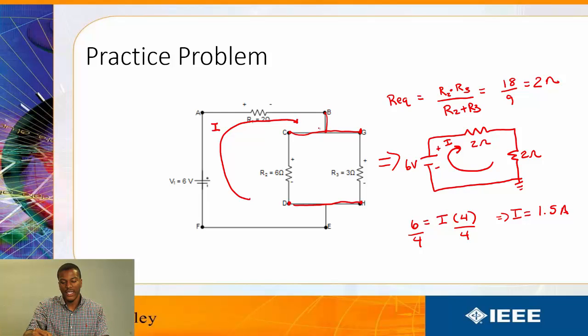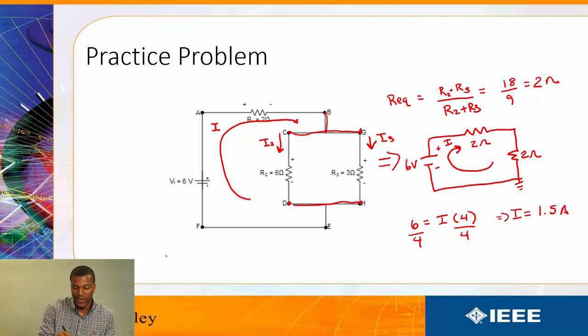But we notice once it gets to B that it will branch off and split up into two smaller currents. We can use the rule that we just went over in a previous slide, called the current divider rule, to find each individual current.